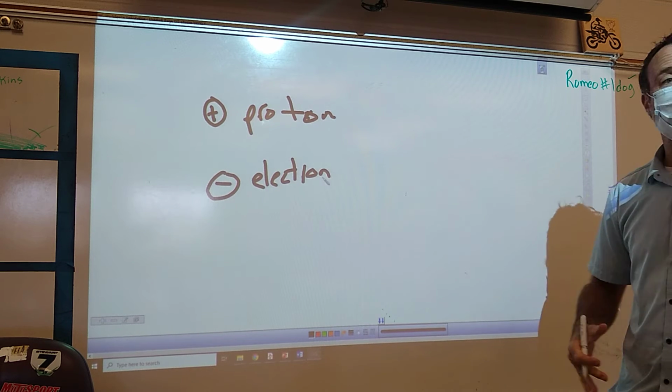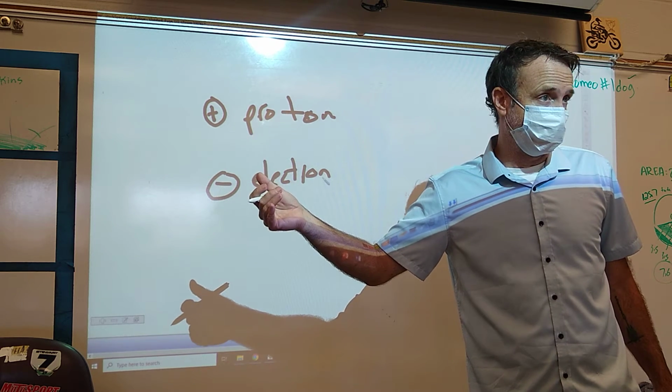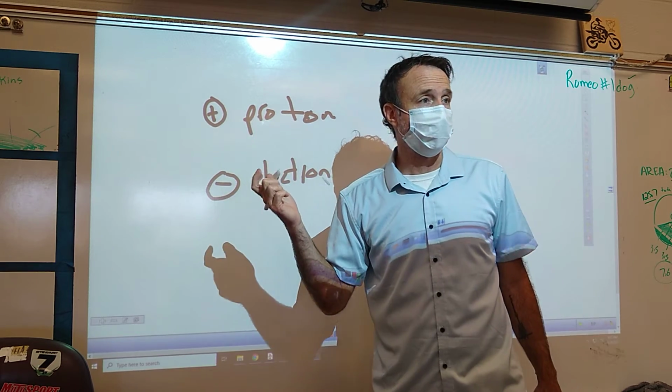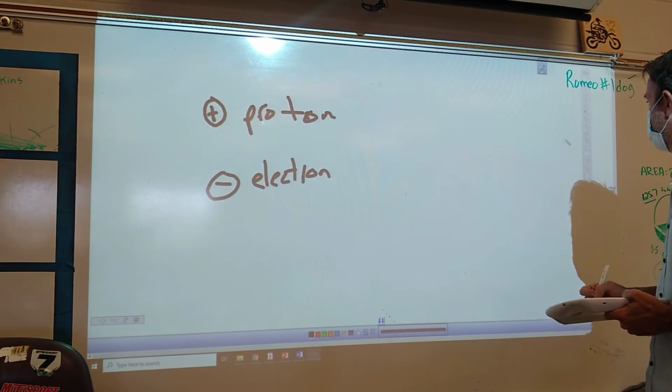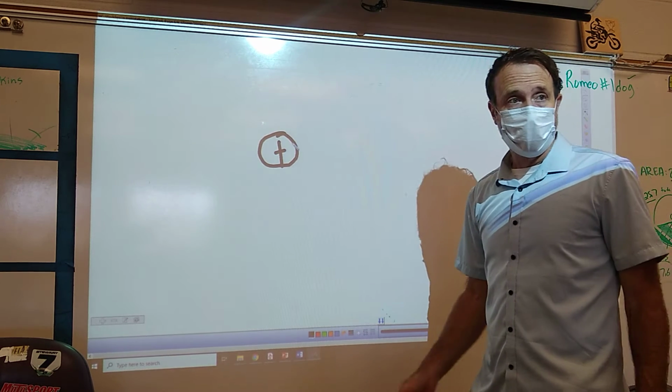And the thing is, they have electric fields that emanate from them, just like magnets do. All right? All charges create electric fields around them. So if you have a positive charge, the rules are backwards.